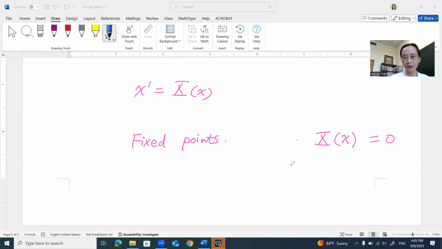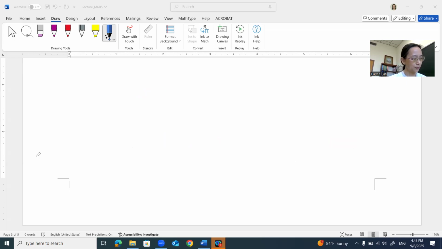Another type of problem is initial value problems. So an initial value problem is a problem of this form.